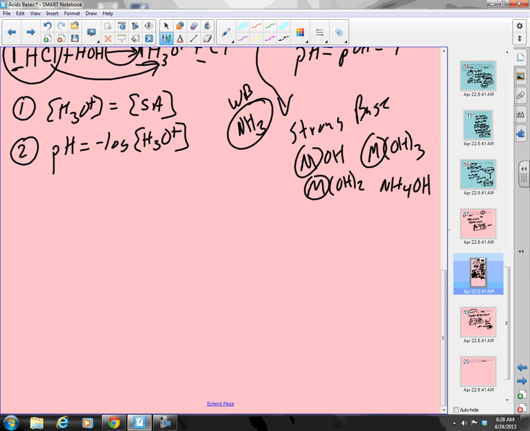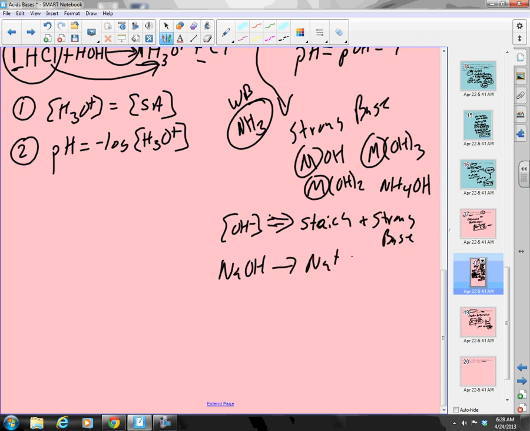Let's talk about how we do the pH. My hydroxide concentration I need to get from stoichiometry and the strong base. If I have NaOH, it breaks into Na plus and OH minus, a 1-to-1 ratio, so my hydroxide concentration equals my sodium hydroxide concentration.